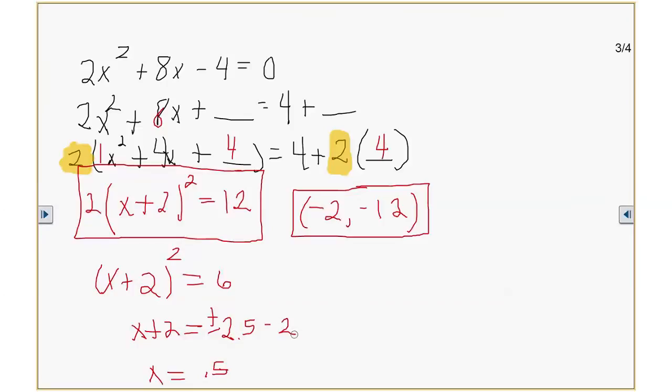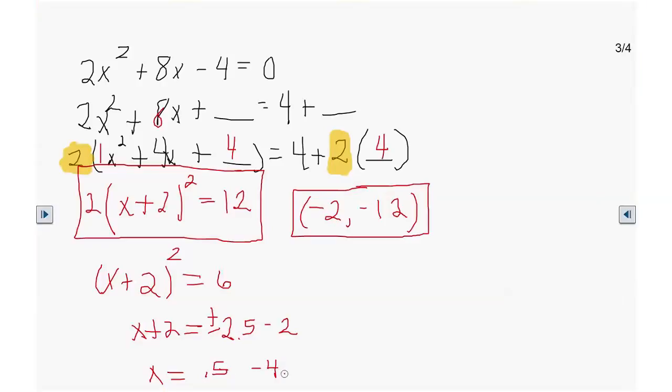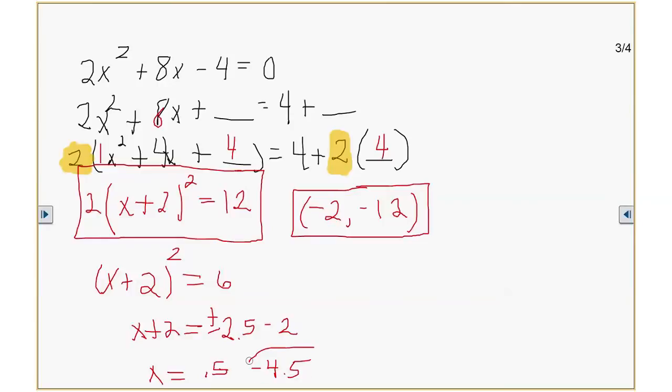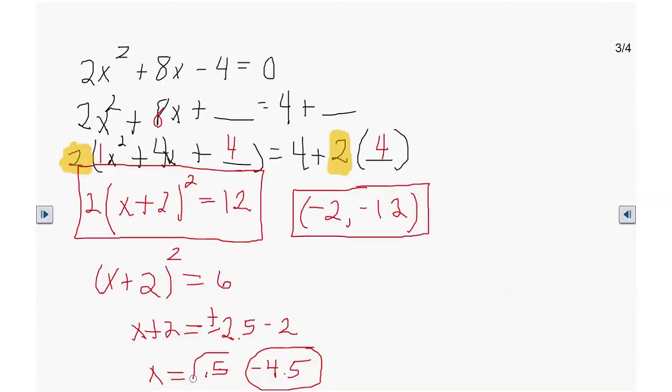You're not done yet. Yeah, I'll be quiet. That's all right. I appreciate your motivation. You're still going to fail the class. No, I'm just kidding. -2.5 minus 2. You owe 4.5. See how easy this is? So there's one x-intercept, and there's the other x-intercept.